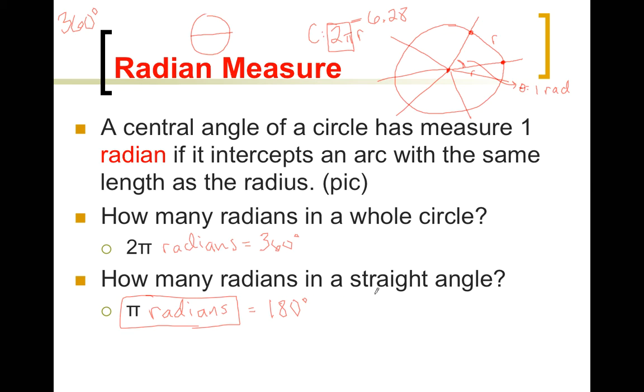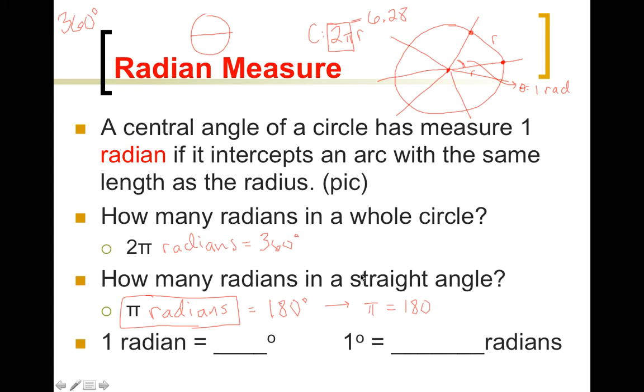So when we look at the short conversion factors, pi is equal to 180 when we think about radians and degrees. We're going to get to those two later. I think they actually show up in a textbook problem, so we're going to look at those two answers later.